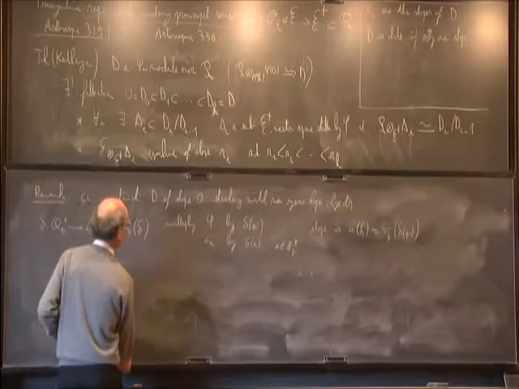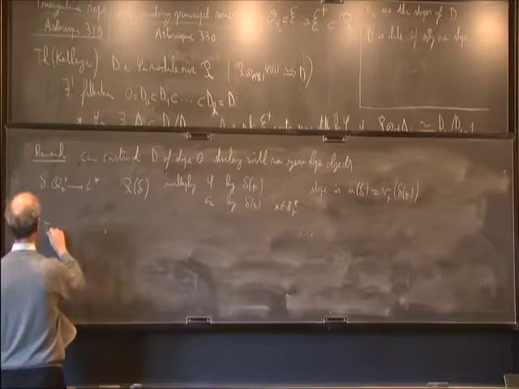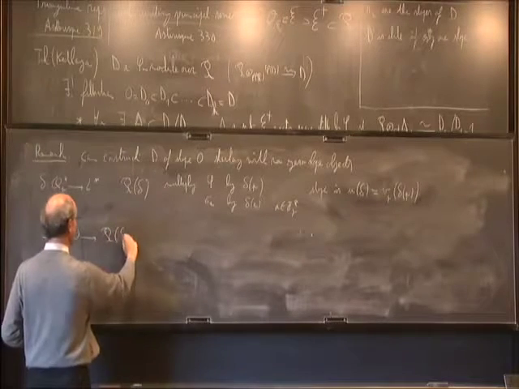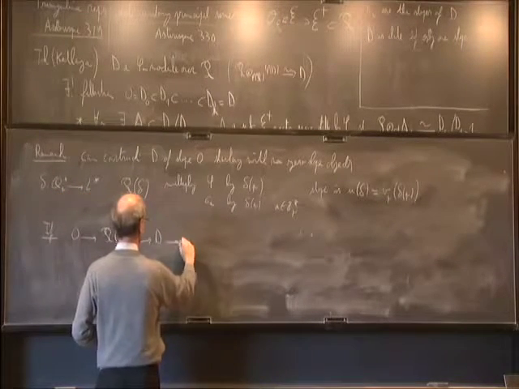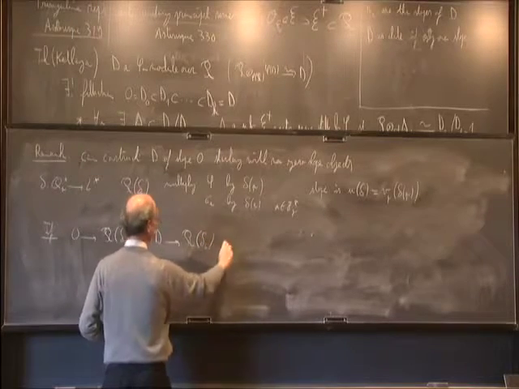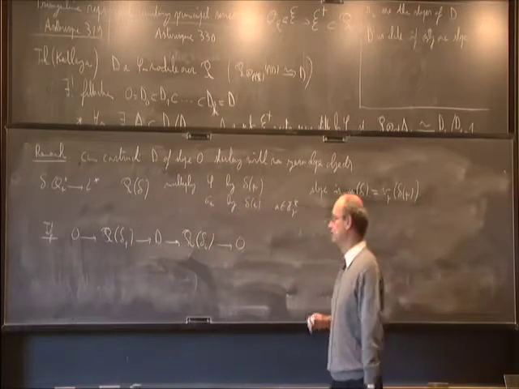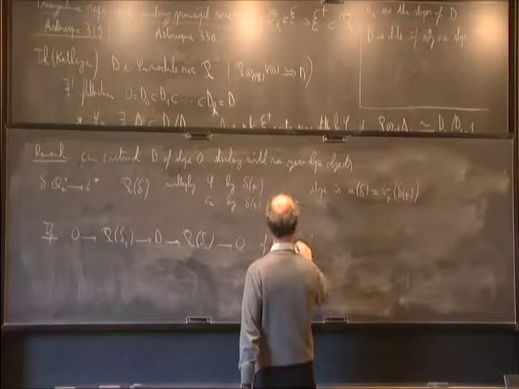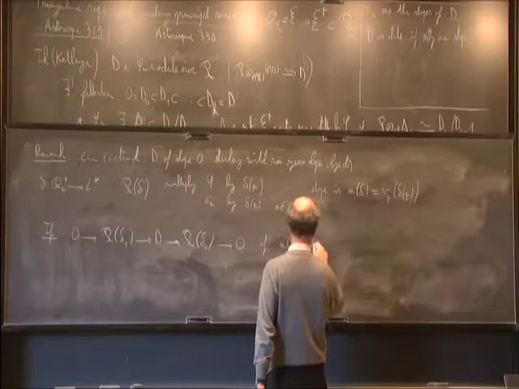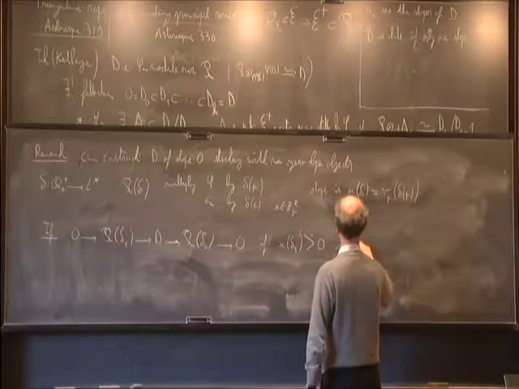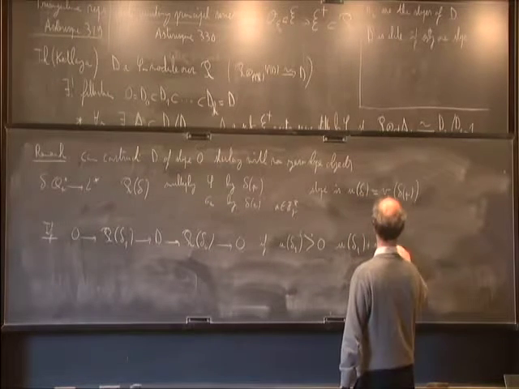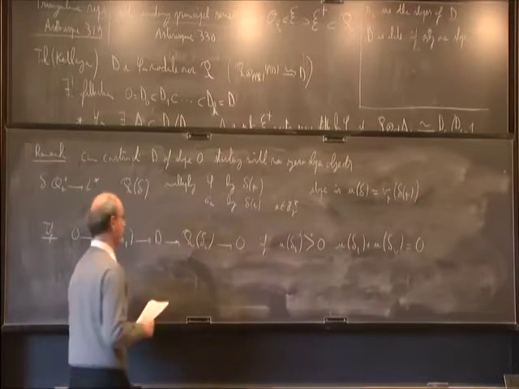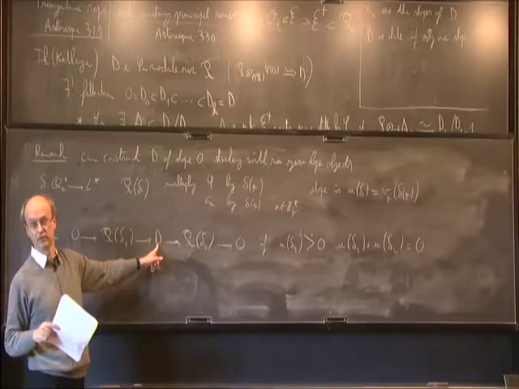But now imagine that you are in the following situation. If you have a phi-gamma module of the following shape, R of delta 1 goes to D, goes to R of delta 2, goes to 0, and if U of delta 1 is strictly bigger than 0 and U of delta 1 plus U of delta 2 is equal to 0, then you have a very good chance that D is of slope 0.